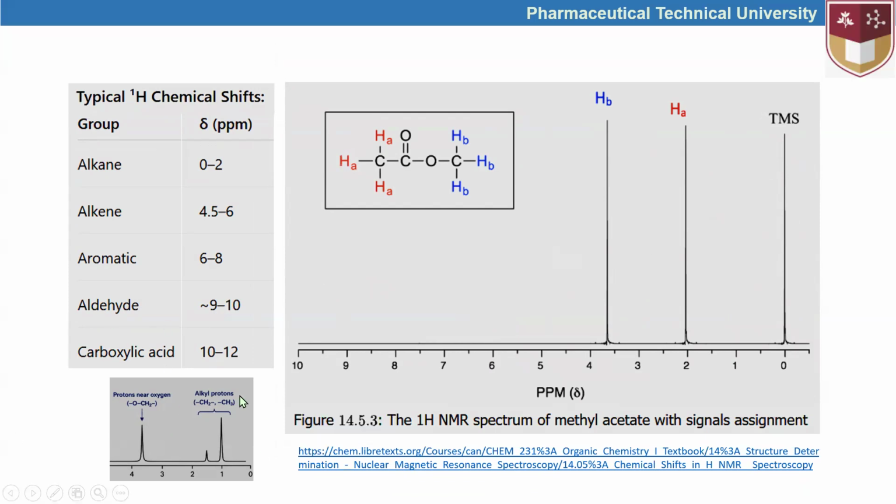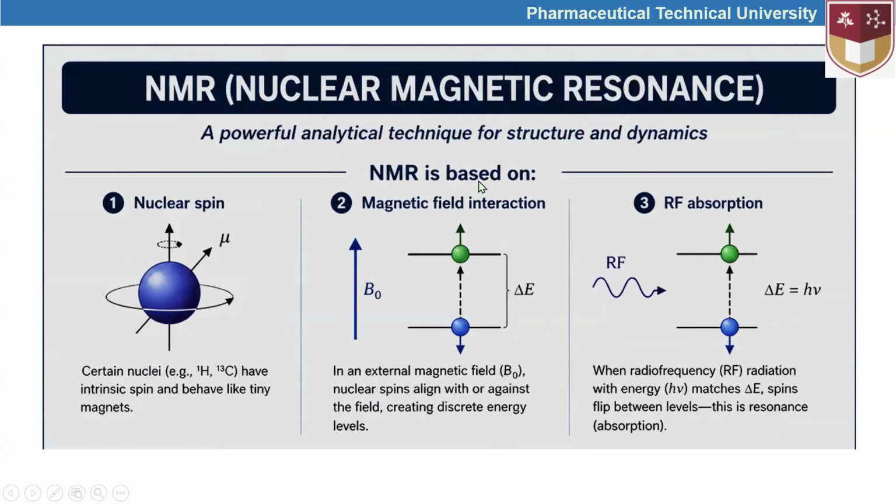Okay, I explained these points in the previous pages. Again, nuclear magnetic resonance is the method that studies the nuclear spin magnetic field interaction that absorbs various radio frequencies, which leads to the resonance.